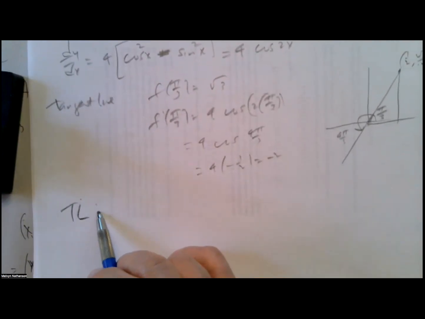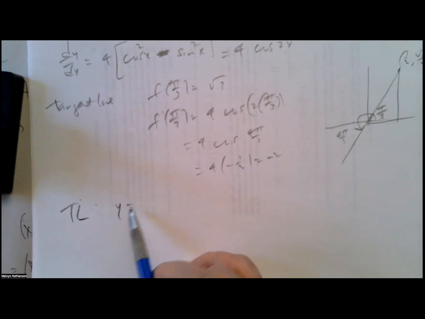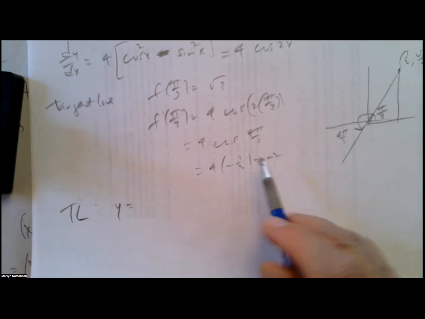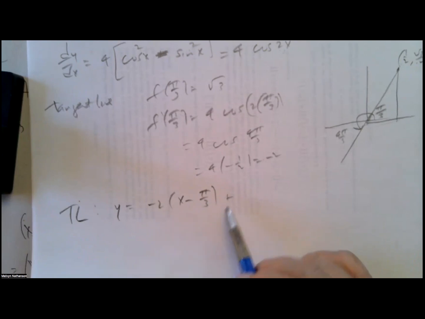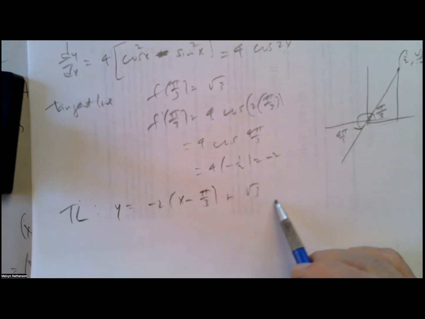So the tangent line will have the equation y equals the derivative, minus 2, times x minus pi over 3, plus the value of the function at pi over 3, which is root 3.